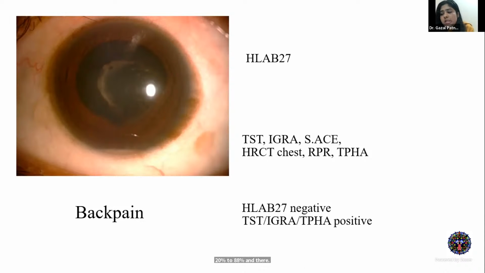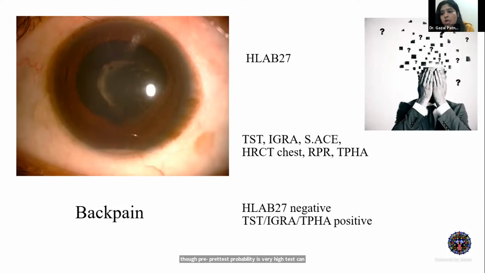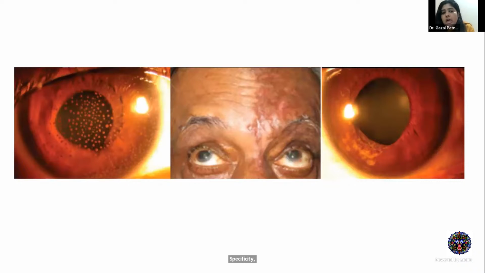In the Indian population, around 40% are positive, whereas others are negative for HLA-B27. So here, even though the pre-test probability is very high, the test came negative, so there is a chance of omission, and then confusion starts. So we should not be biased by the lab test. We should have a proper idea of each test's sensitivity, specificity, pre-test probability, and the prevalence.